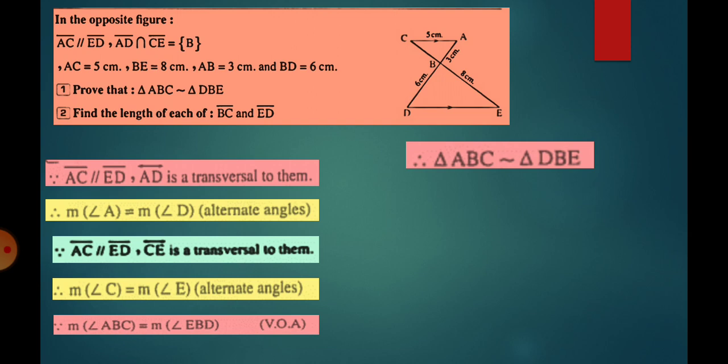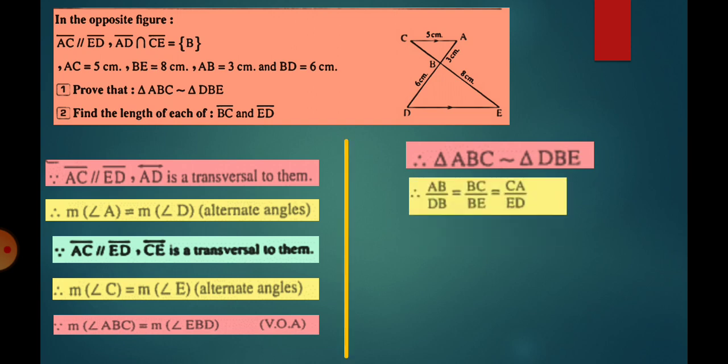If two triangles are similar, then their corresponding sides are proportional. Then AB over DB equals BC over BE equals AC over DE. Here AB is 3, DB is 6.